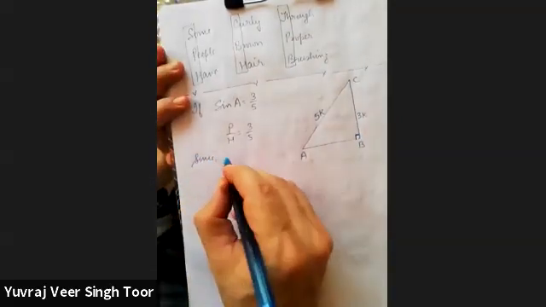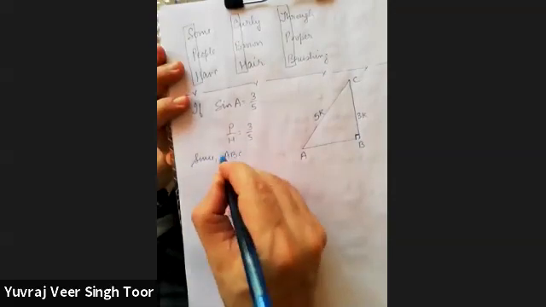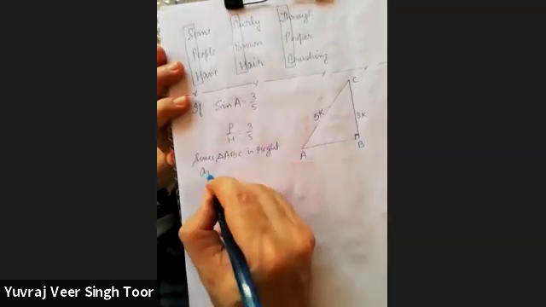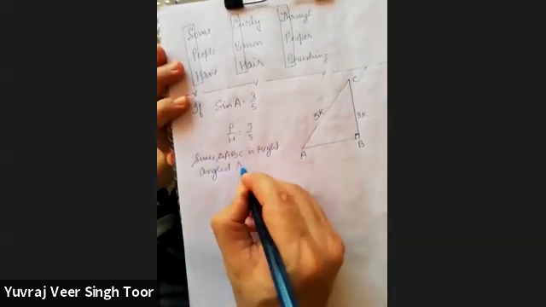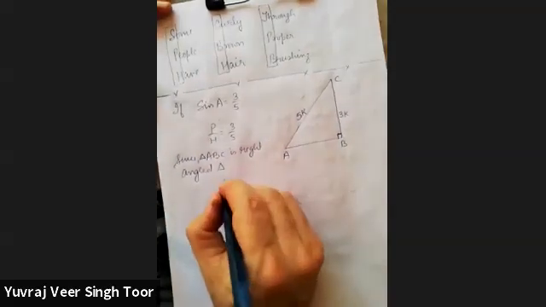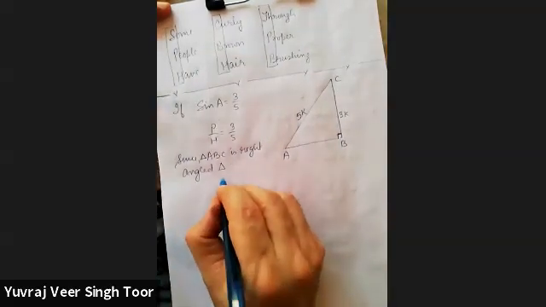Since ABC is a right angled triangle, we can apply Pythagoras.